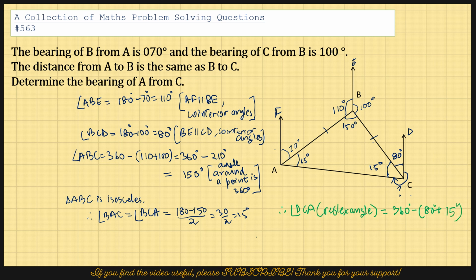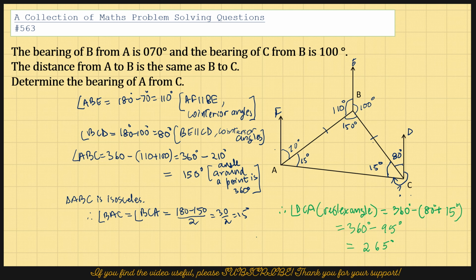And that is equal to 360 degrees minus 95 degrees, and that is 265 degrees.